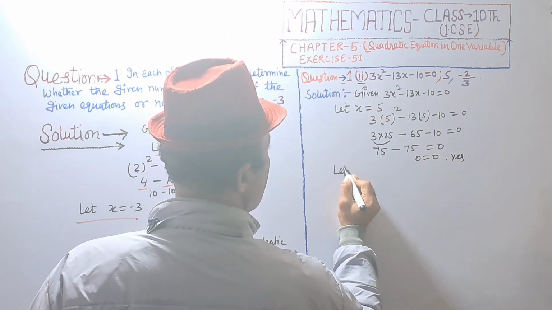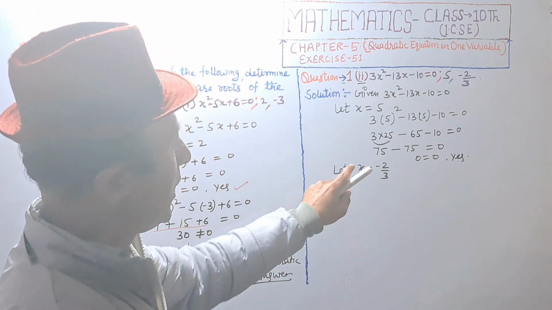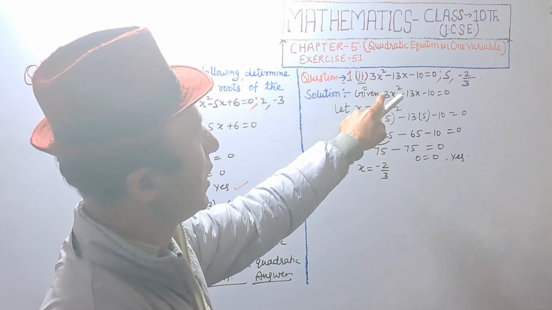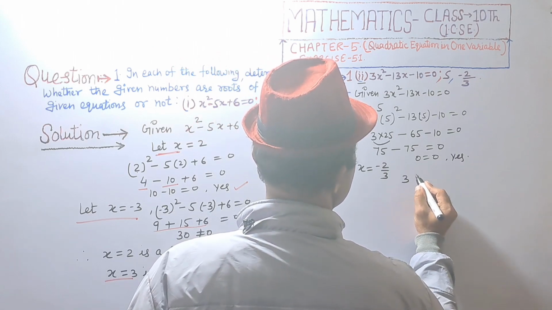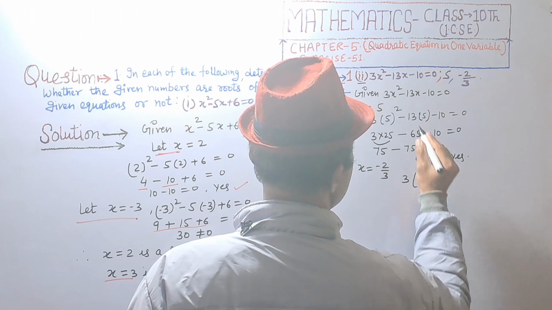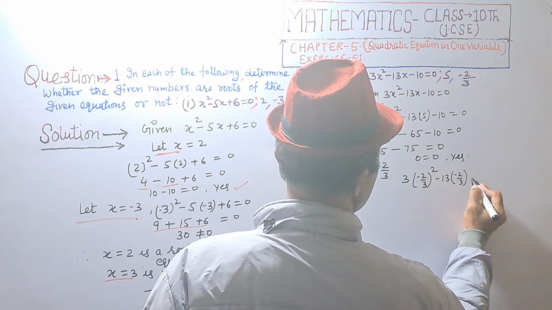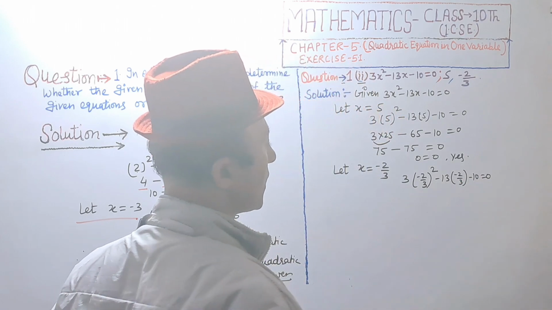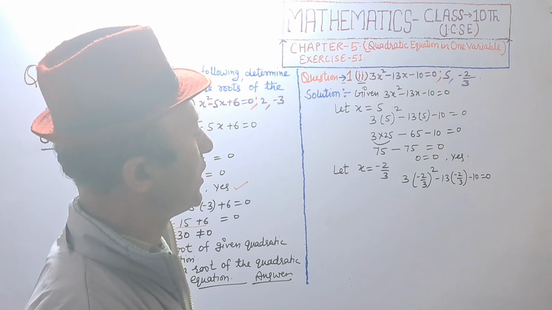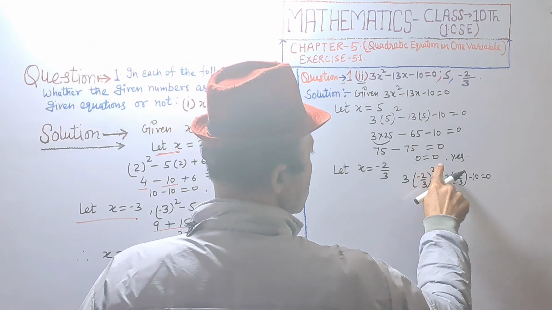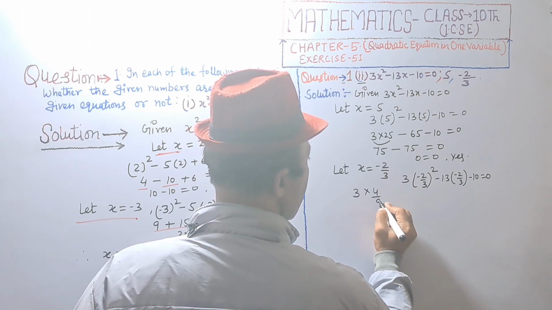And let x is equal to minus 2 upon 3. We are putting x equal to minus 2 upon 3 in the given quadratic equation, that is 3 into minus 2 upon 3 raised to power 2 minus 13 into minus 2 upon 3 minus 10 equal to 0. 2 2s are 4, 3 3s are 9, that is 3 into 4 upon 9.